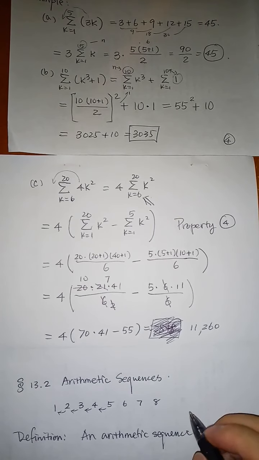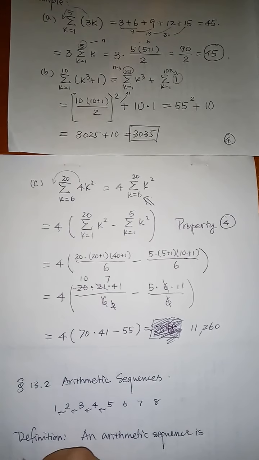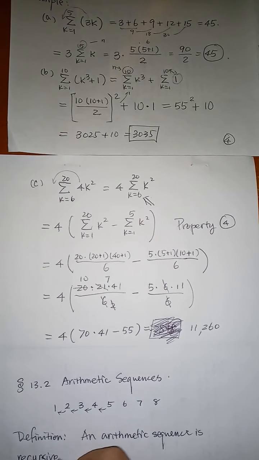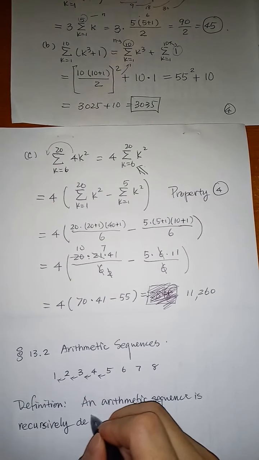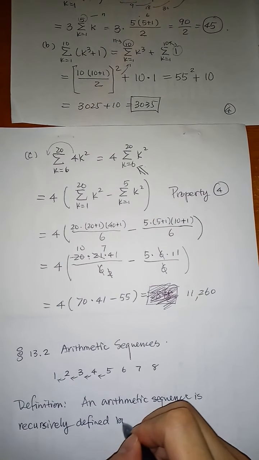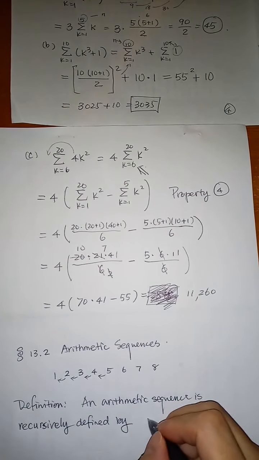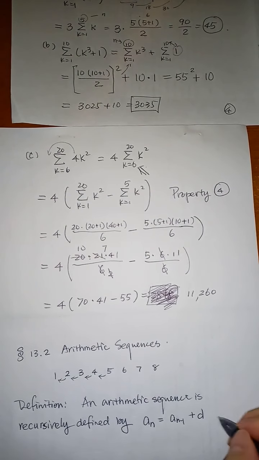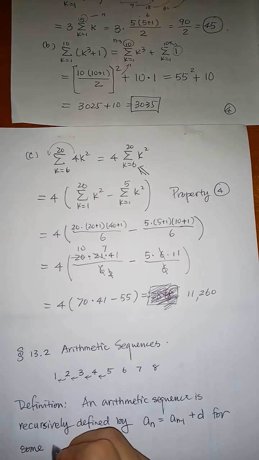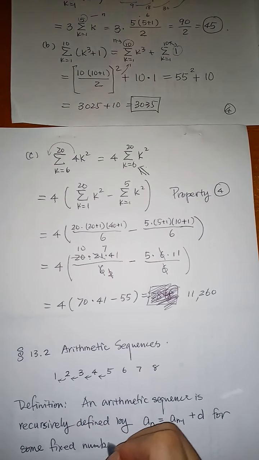So here, an arithmetic sequence is recursively defined by: the current term is the preceding term plus a constant, for some fixed number d.